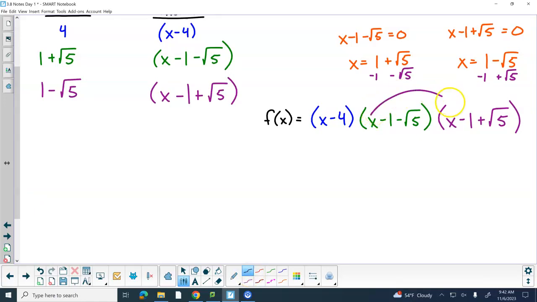So if I multiply by x, I would have x squared minus x plus x square root of 5.